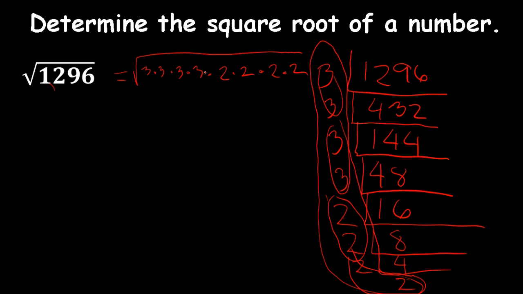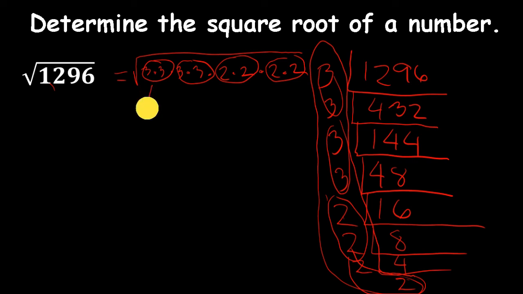So 3 and 3 is one pair, another pair, another pair, and another pair. All of them can go out of their house, or in this square sign. So let us take only one number in each pair.